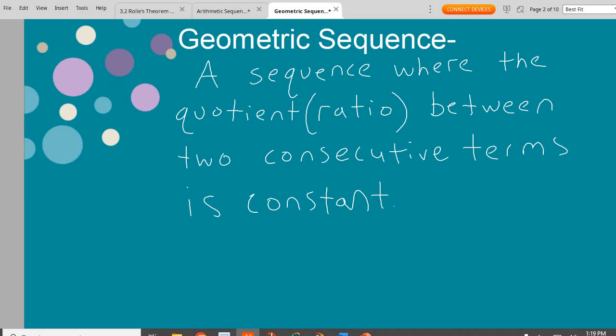So this time, instead of subtracting two numbers to figure out what we're adding each time, we're going to divide two numbers to figure out what we're multiplying by each time.